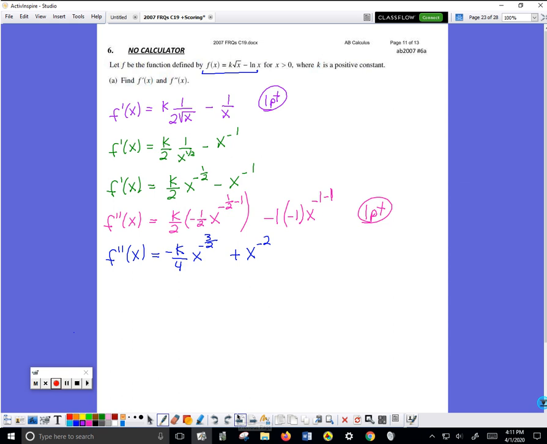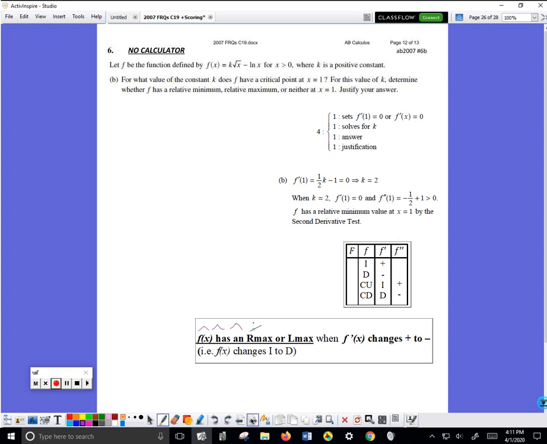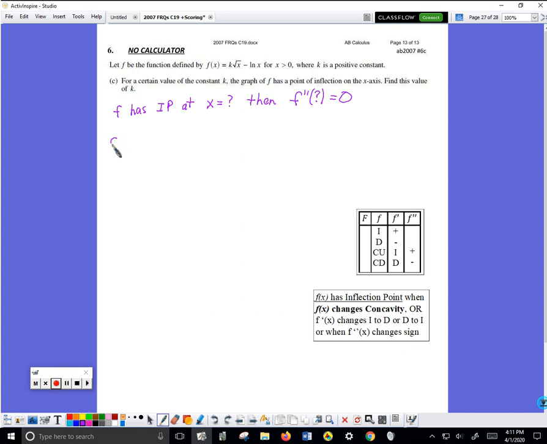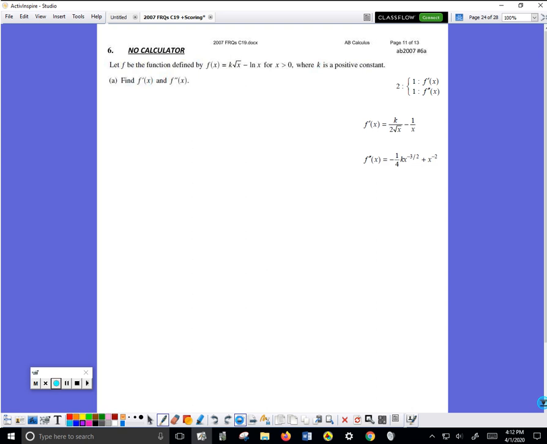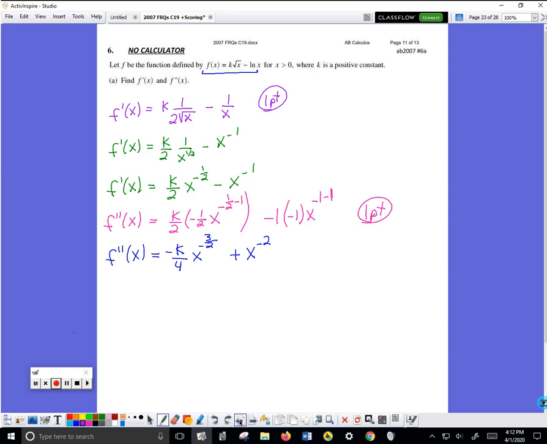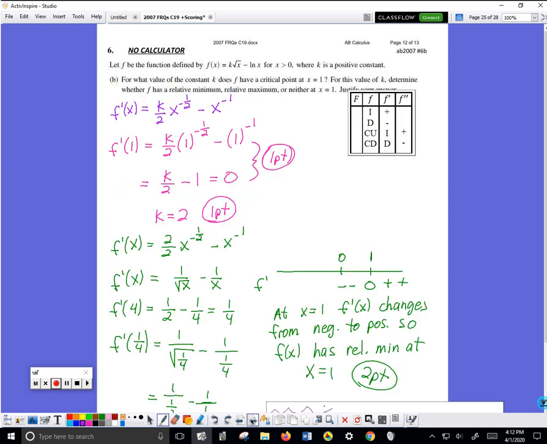So I go back to part A, and I get my f double prime. So f double prime turned out to be negative k over 4 x to the negative 3 halves, plus x to the negative 2.